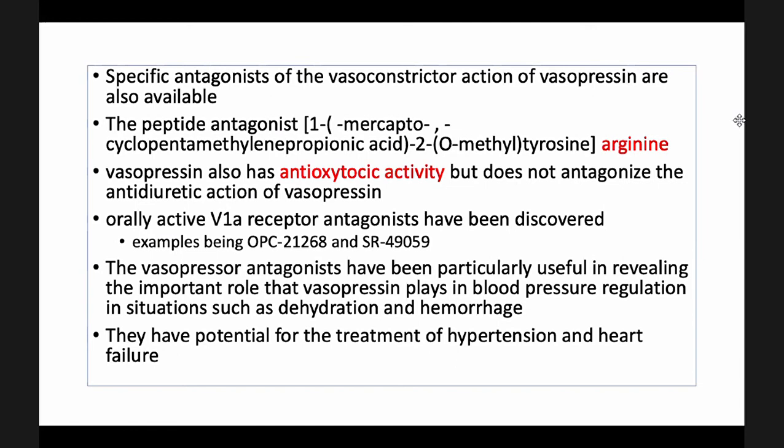Now your vasopressin antagonists have been particularly useful, given the important role that vasopressin plays in blood pressure regulation, like in situations where you have dehydration or hemorrhage. So they also have potential for the treatment of hypertension and heart failure.